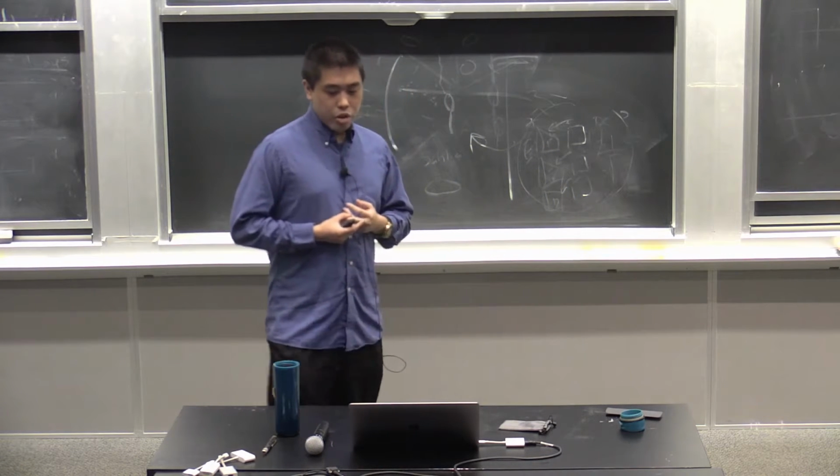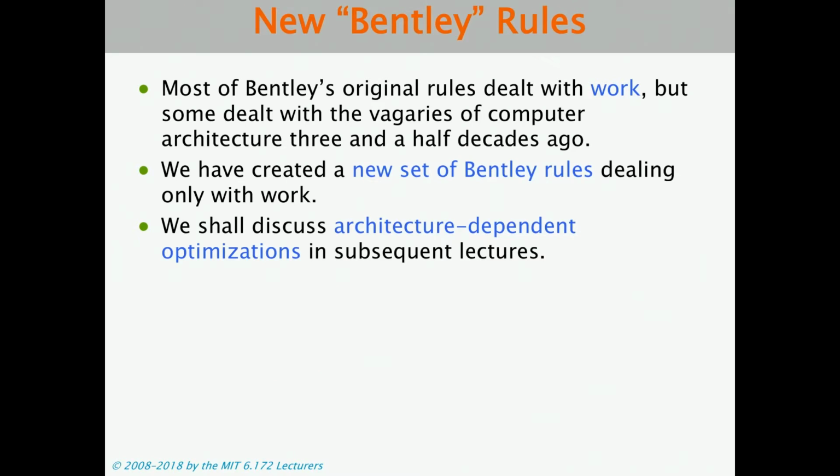Many of the original rules in Bentley's book had to deal with the vagaries of computer architecture 3.5 decades ago. So today we've created a new set of Bentley rules just dealing with the work of a program. We'll be talking about architecture-specific optimizations later on in the semester, but today we won't be talking about this.